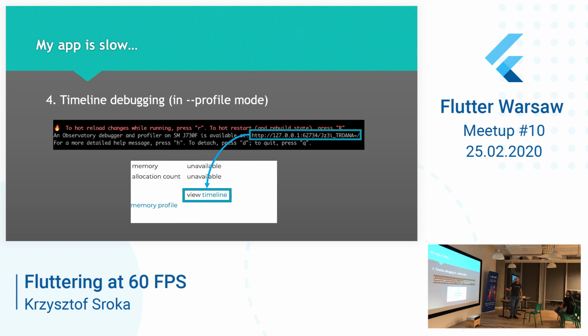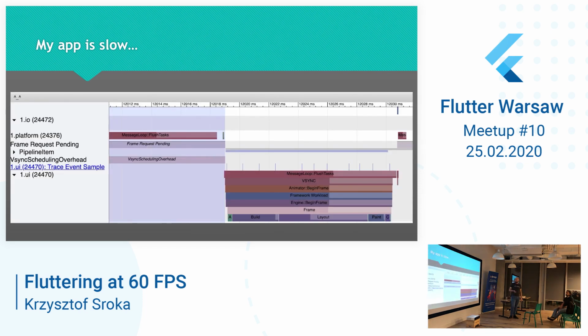So when you launch on a device, there'll be a local server which you can go to, and it's going to have lots of debugging information, but there's also going to be a timeline inspector there. I think there's some redesign going on for this, but it looks ugly right now.